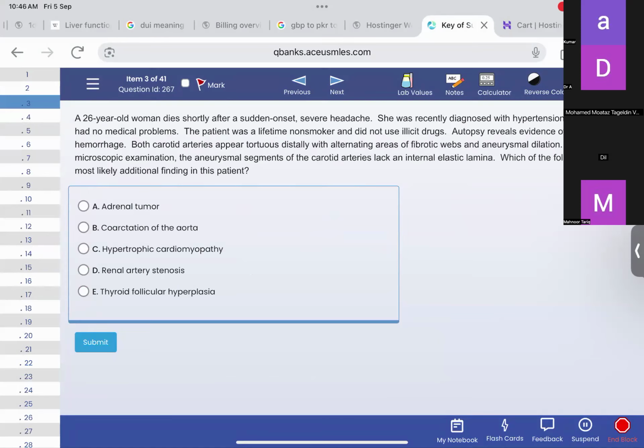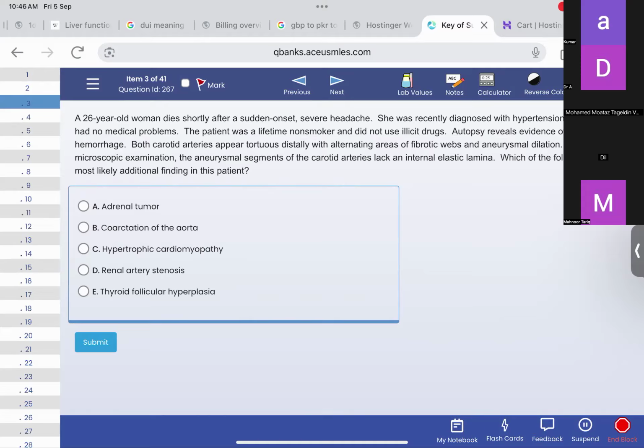Which of the following is the most likely additional finding in this patient? A 26-year-old woman dies shortly after sudden onset severe headache. She was recently diagnosed with hypertension but otherwise had no medical problems. The patient was a lifetime non-smoker and didn't use illicit drugs. Autopsy reveals evidence of intracranial hemorrhage.